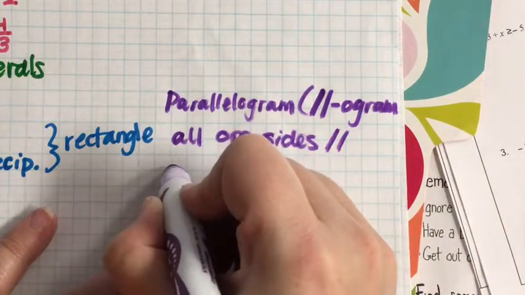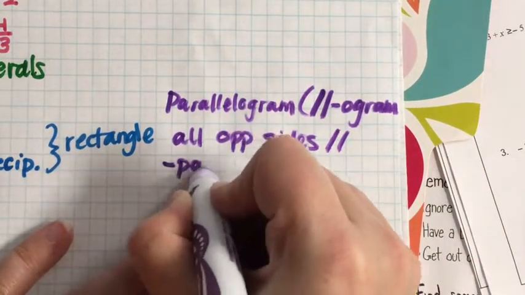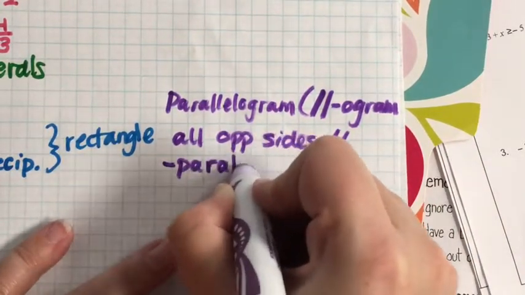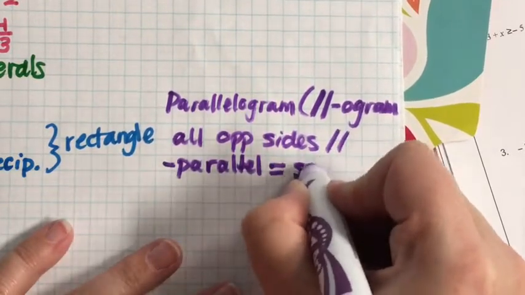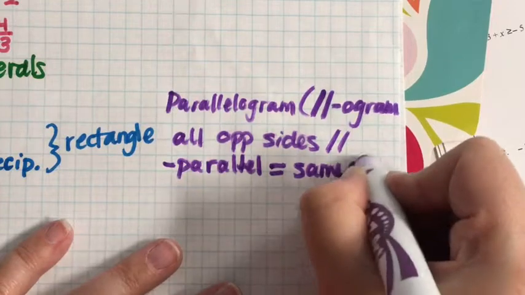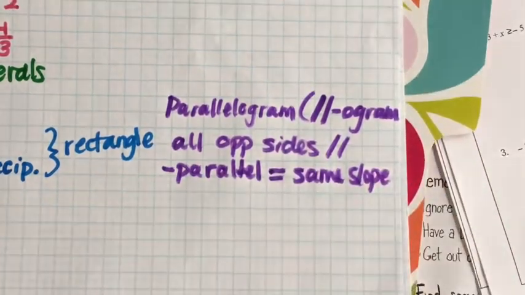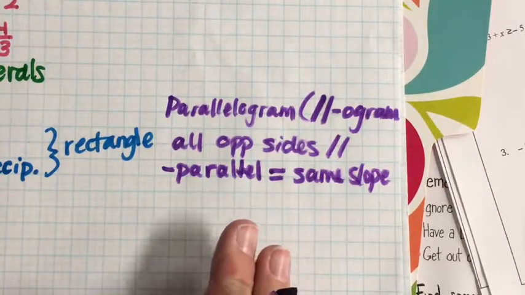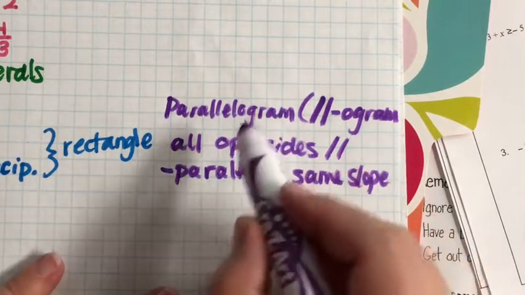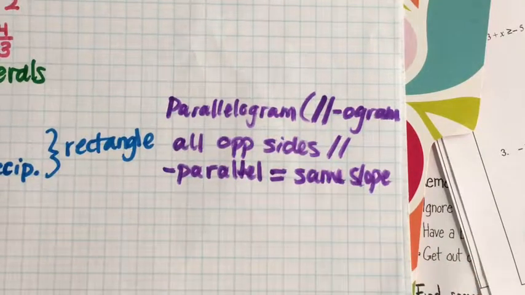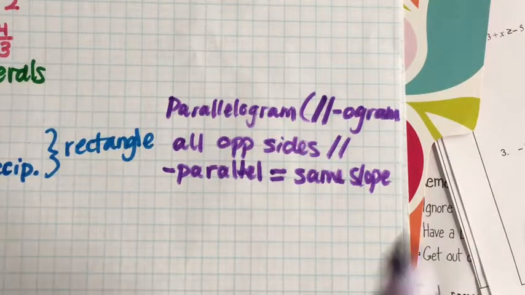How can you tell if things are parallel with the slope? They don't intersect. Parallel means same slope. Perpendicular means that the slopes are opposite reciprocals, but parallel means same slope. So you could check and just make sure that the opposite sides have the exact same slope, and boom, that thing is a parallelogram.